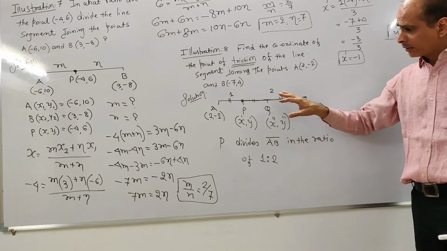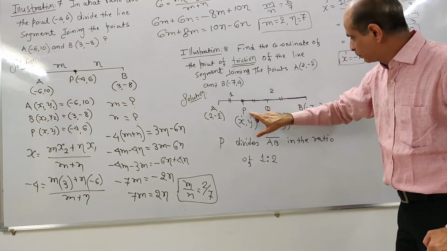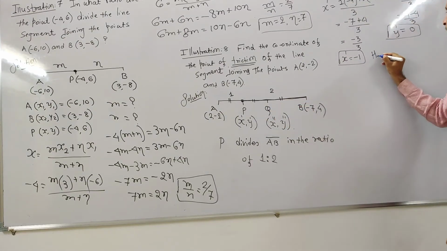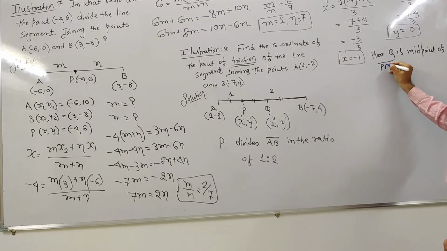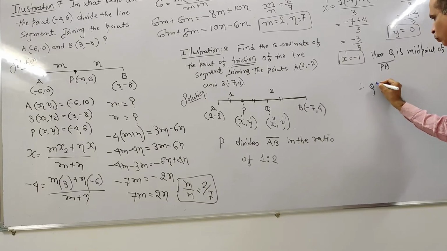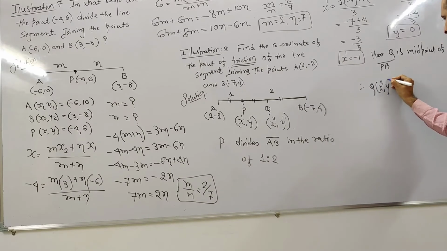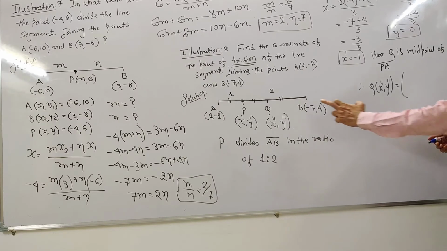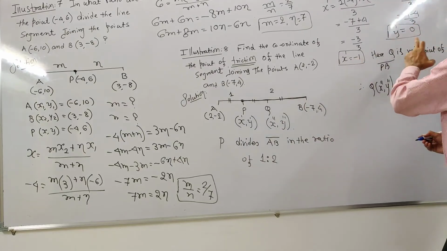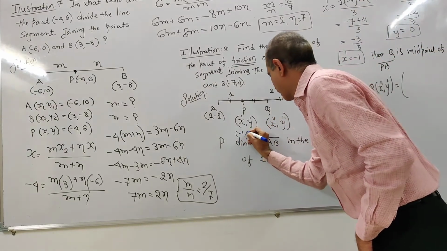Now from this figure you can easily say Q is the midpoint of line segment PB. Therefore Q (x'', y'') is, according to the midpoint formula, ((x1 + x2) by 2, (y1 + y2) by 2). Here P is (-1, 0) and B is (-7, 4).